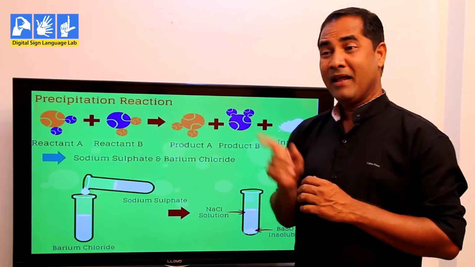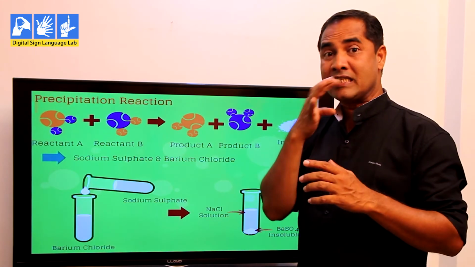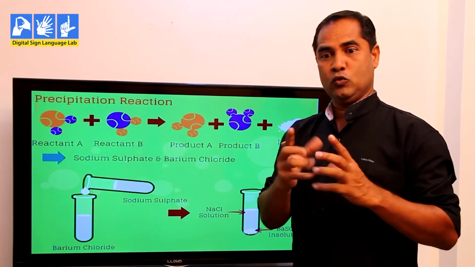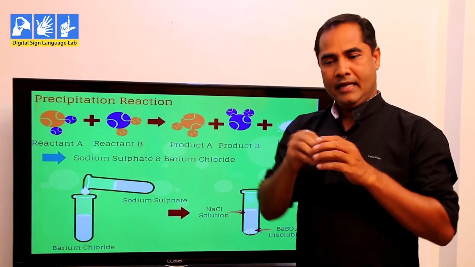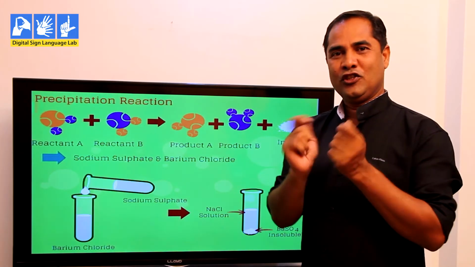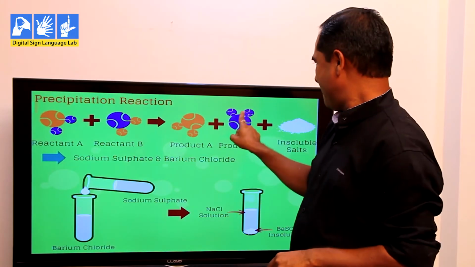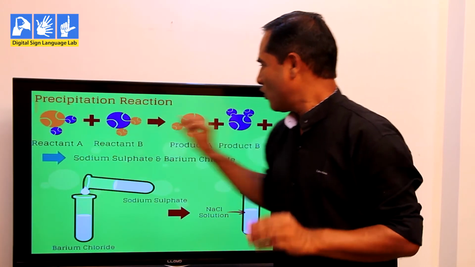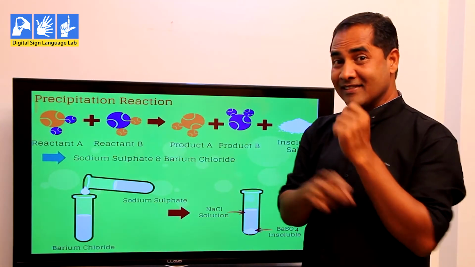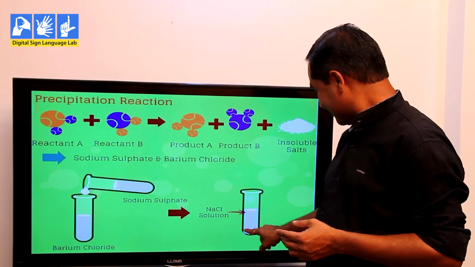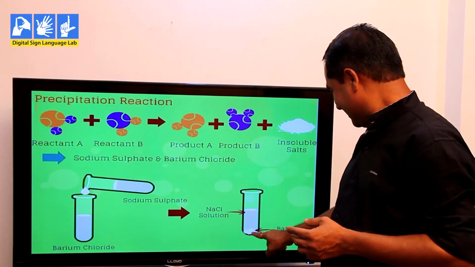That is what precipitation is: formation of an insoluble salt. So the same displacement reaction is happening, but in the end, what we get is a precipitate which is not soluble.